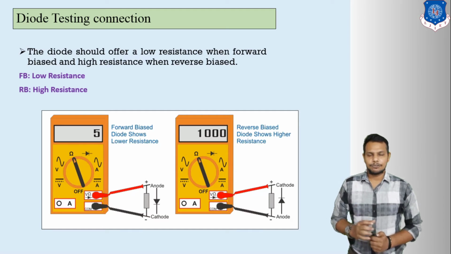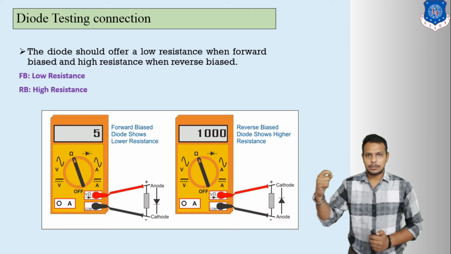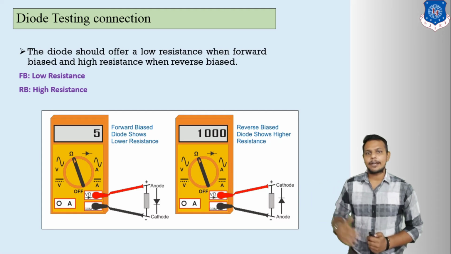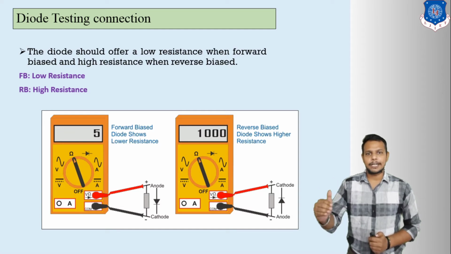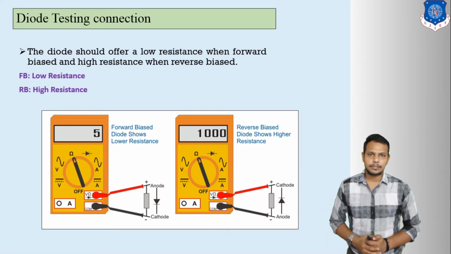Then we connect the diode's anode and cathode terminals to the wires of the DMM. The red wire indicates positive, and the black wire indicates negative, and accordingly we connect them with the PN junction diode.